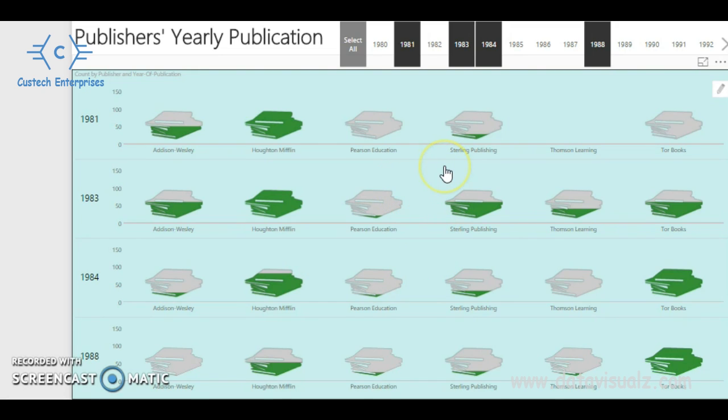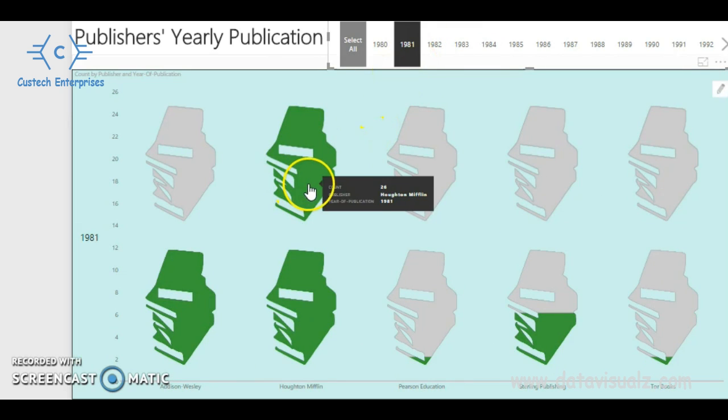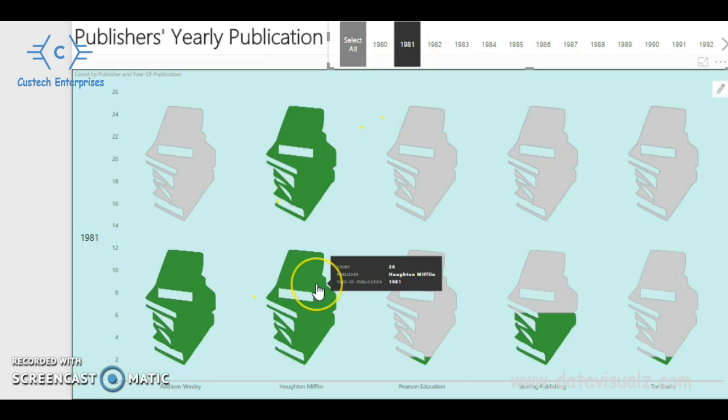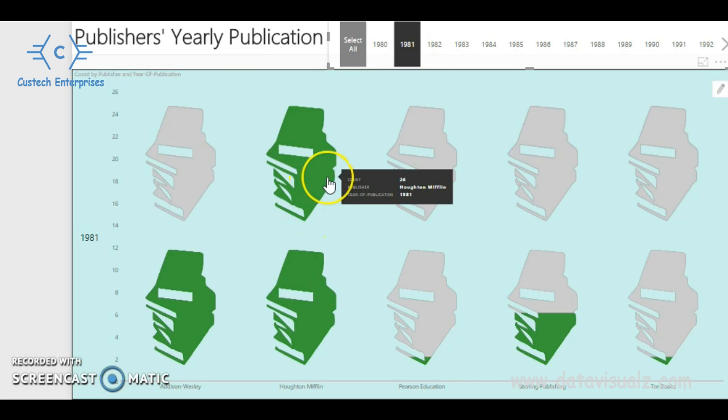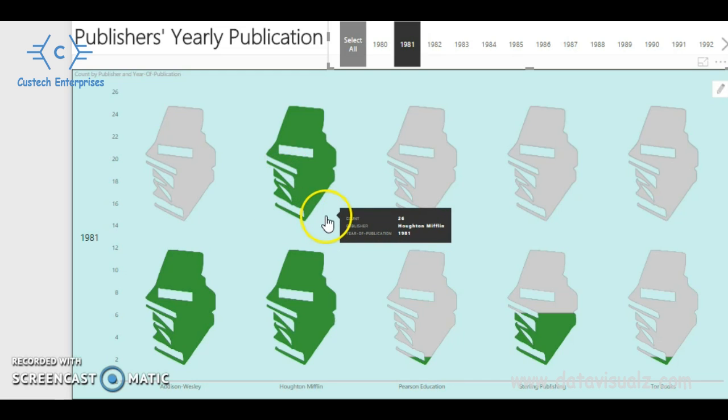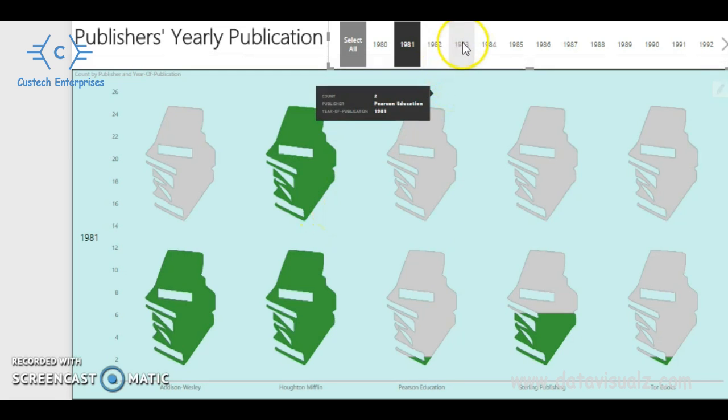So it is still giving me additional information. I can clearly filter among different years. I can see that in 1981, clearly Houghton Mifflin was giving more publications, in fact double than Wesley. But still, there seems that much more improvement could be done.